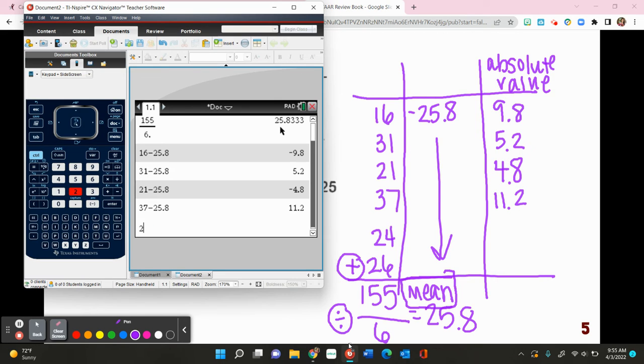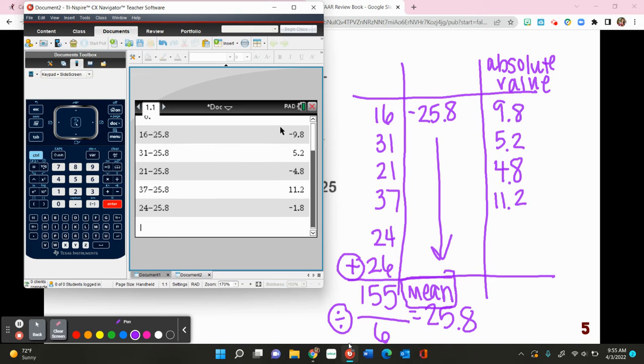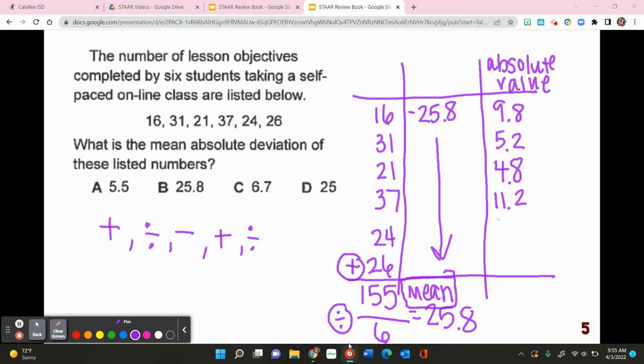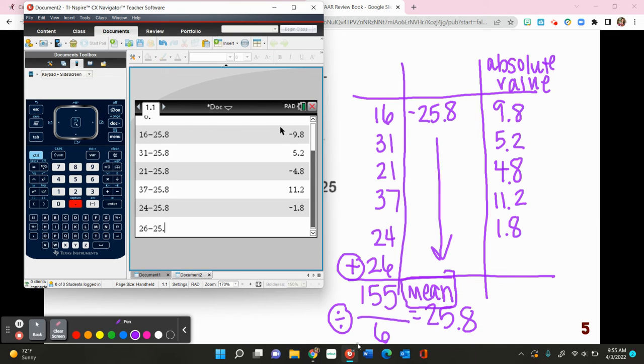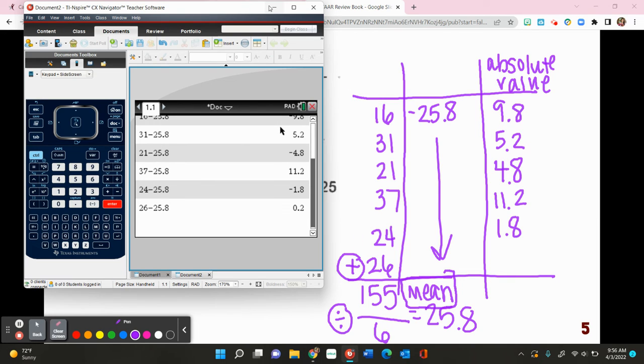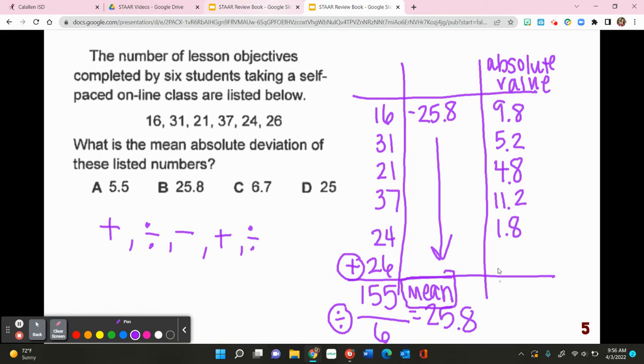Then we have 24 minus 25.8, and we get 1.8. And then 26 minus 25.8, we get 0.2.